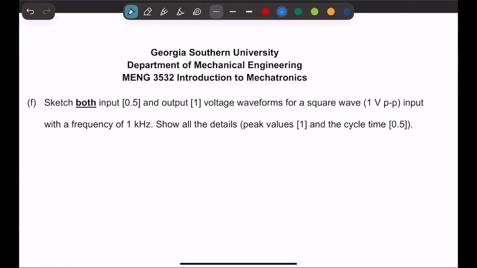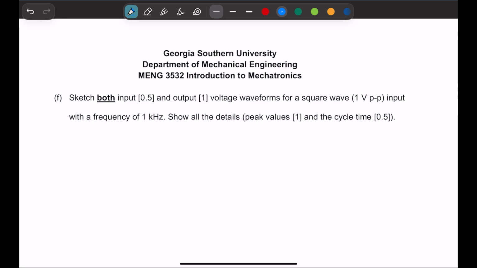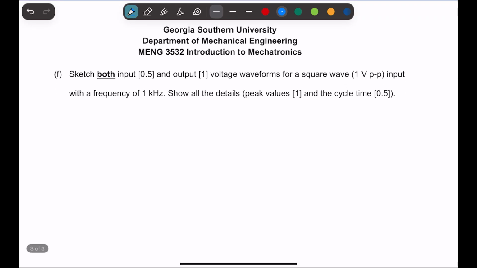Okay, and let's try this last one. So this part, many of you unfortunately didn't do well, so I hope this is going to be helpful. In chapter 4, at the bottom of the very first page, we had this example problem.